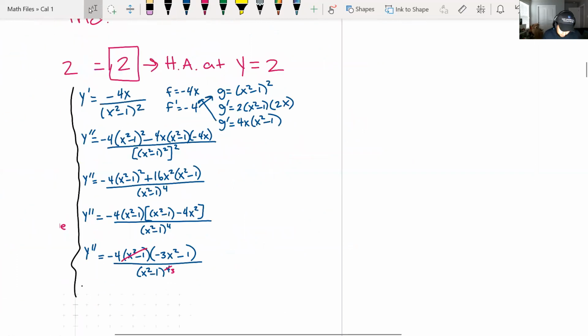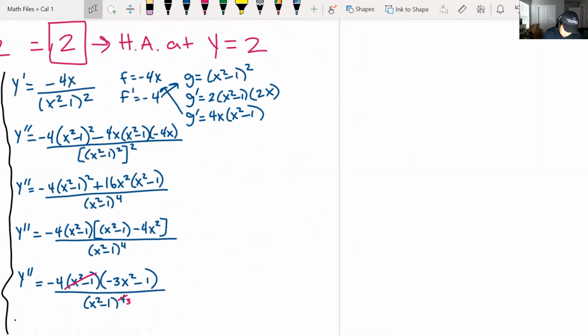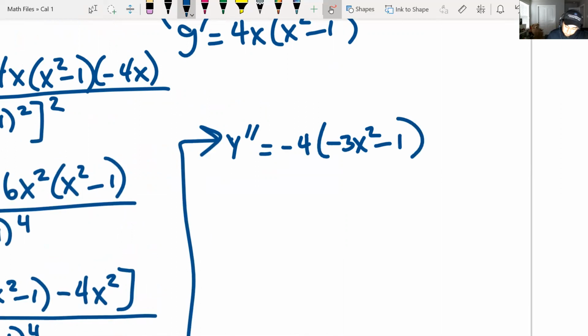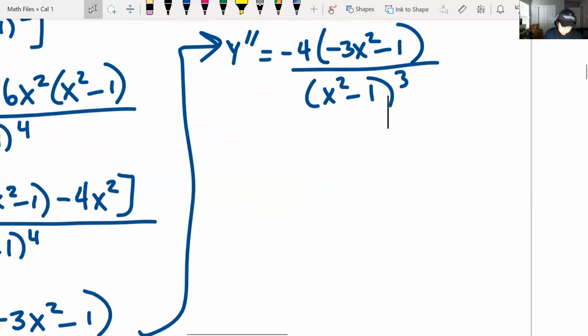So, we get our second derivative as y double prime of negative 4 times negative 3x squared minus 1 over x squared minus 1 cubed. Right?